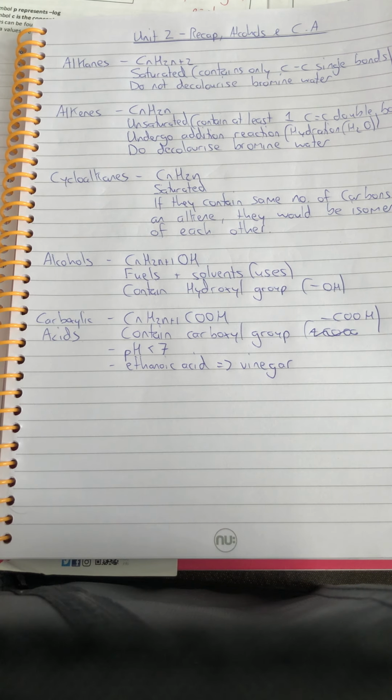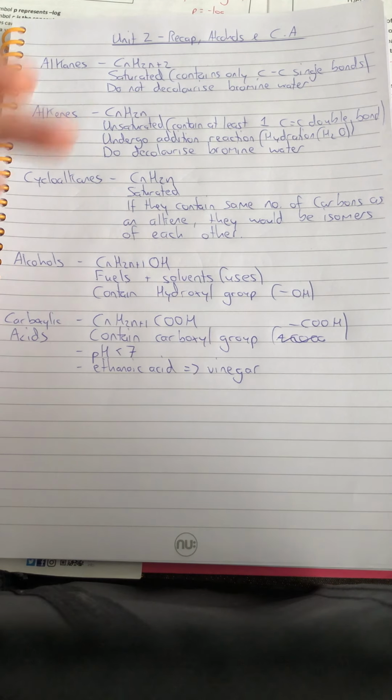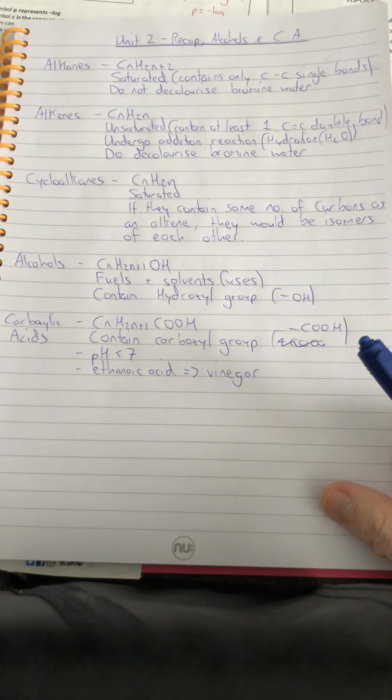I'm going to go into a wee bit of recapping on how to name and how to draw each one. I'll maybe do 2 examples for each, and I think that will probably be enough. Right, so new page. Alkanes. You can put the heading naming if you want.